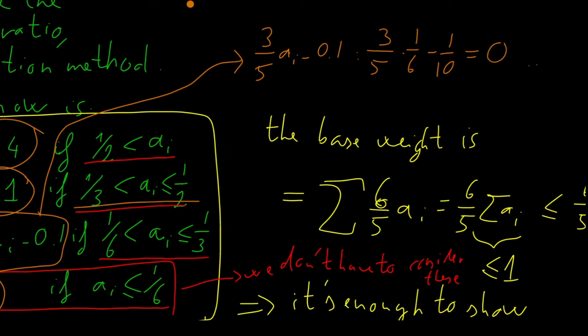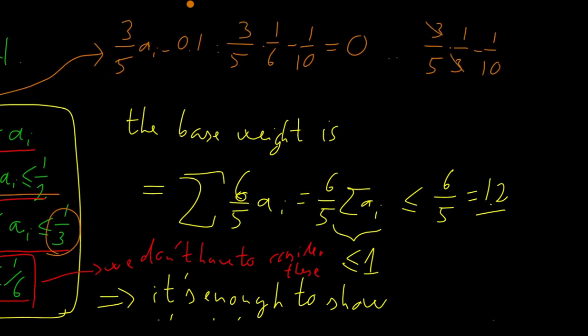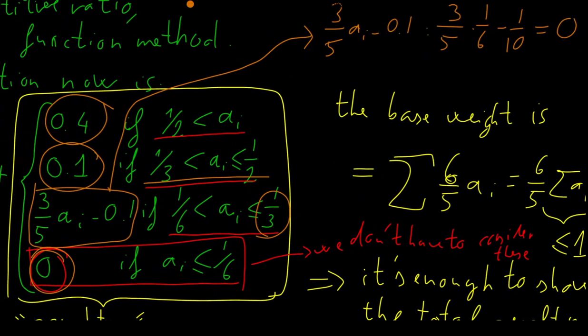And the other endpoint is when we have 1/3, so this is 3/5 times 1/3 minus 1/10, which is 1/5 minus 1/10, which is 0.1. Now this means that these objects have a penalty between 0 and 0.1, so there's not that much actually.